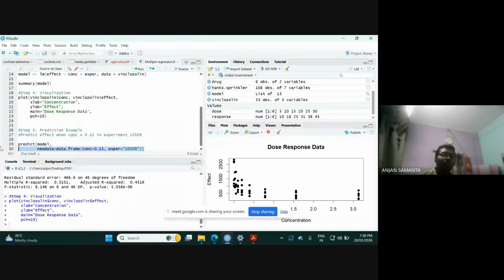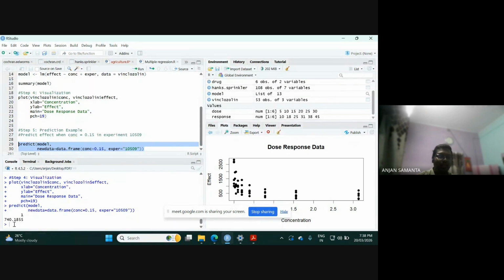And if you want to do the prediction, suppose for concentration 0.15, how much effect value can we get? You can just run predict and you get the value. So for concentration 0.15, the value of the effect is 740.1.